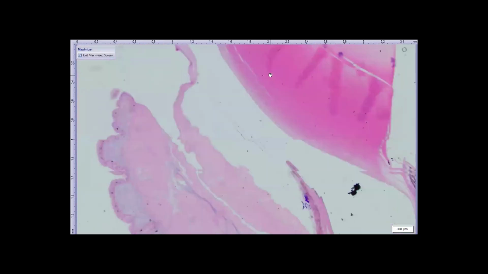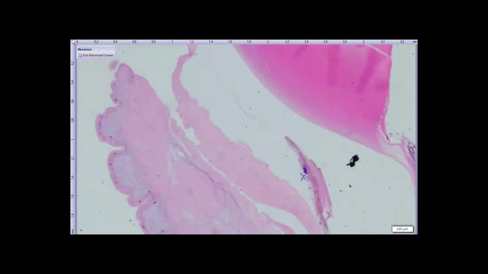So here's a common octopus. This may be jittery. You have to move this around quite a bit, but here's the front of the eye. This is the integument. And so here's the cornea.